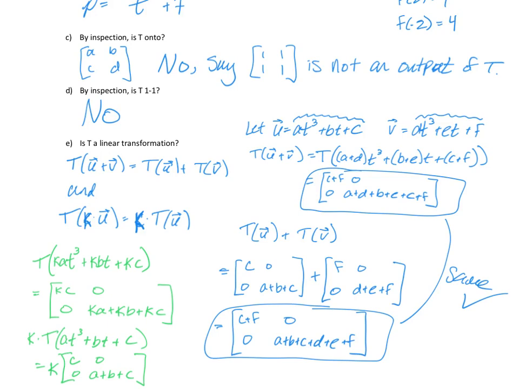So this matrix is the same as this matrix. When you multiply a matrix by a scalar, you multiply every entry by that scalar, so these two are the same. Okay, so is T a linear transformation? Yes.